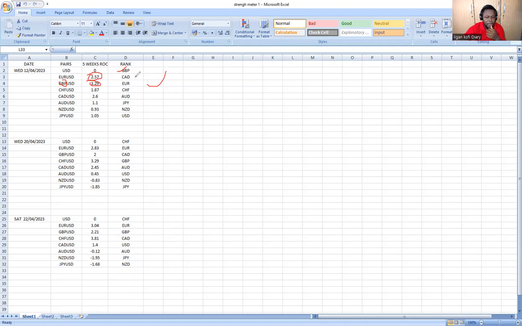Or, okay, 2.6 is here. 2.6 is greater than 2.57. So 2.6, which is CAD, is the next strongest. So you need to be careful. If you don't check well, you make mistakes. So CAD is the next, followed by Euro, which is 2.57, in that order. And then you are able to get the strengths of the currencies.